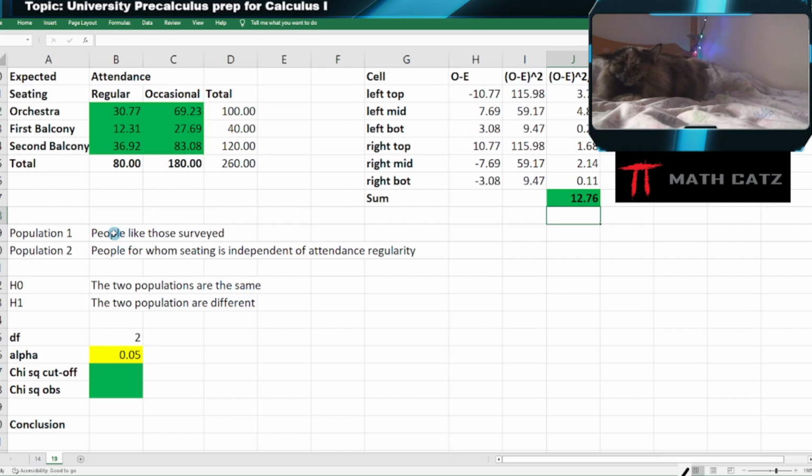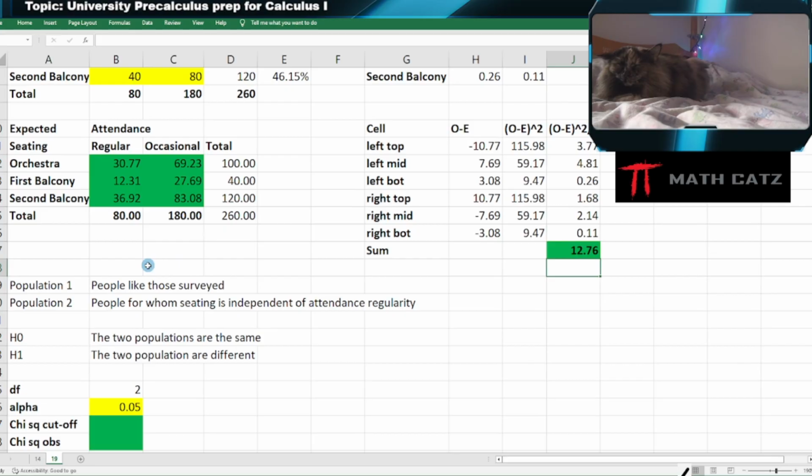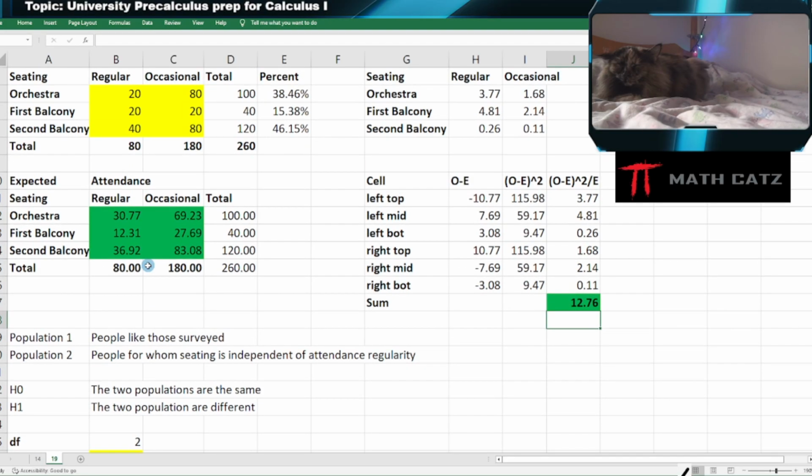Well, we're looking at people like the ones I've observed versus people for whom the seating is independent. And my null hypothesis is that it is independent, and those people are the same as independent people. And then my research hypothesis is no, it's not independent.